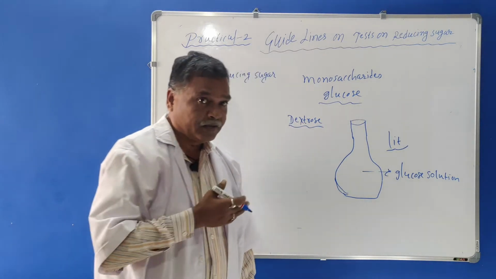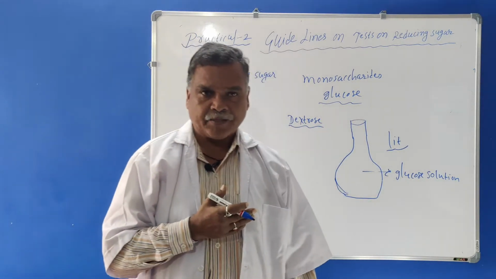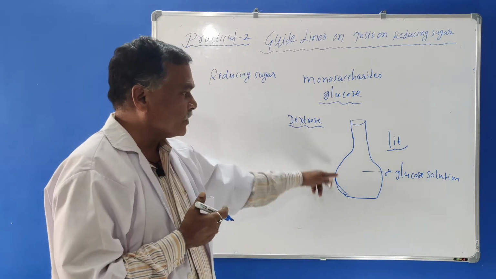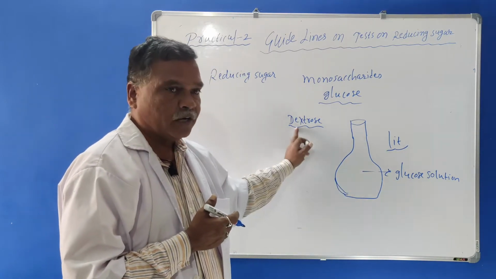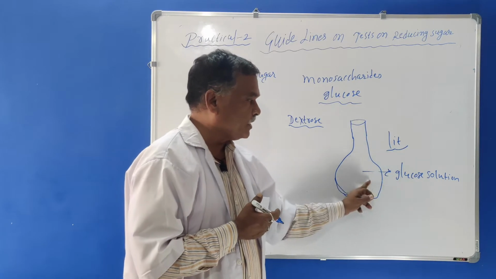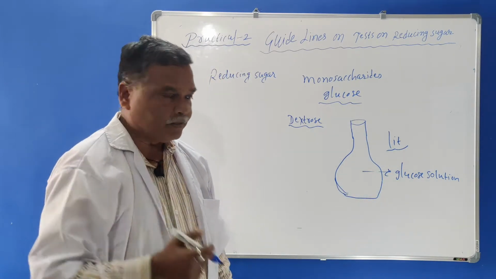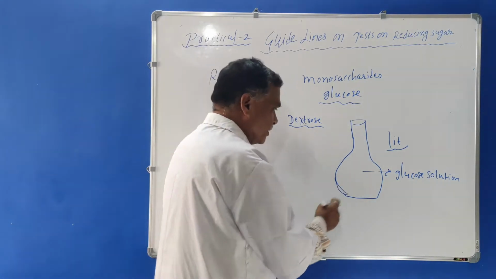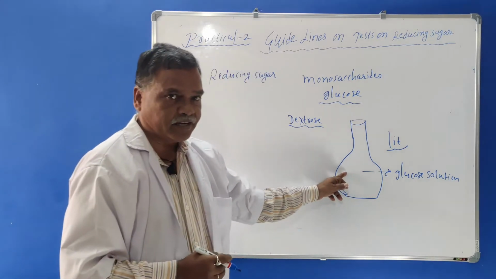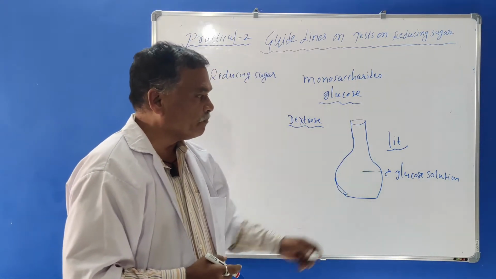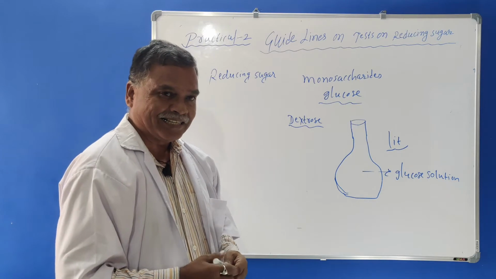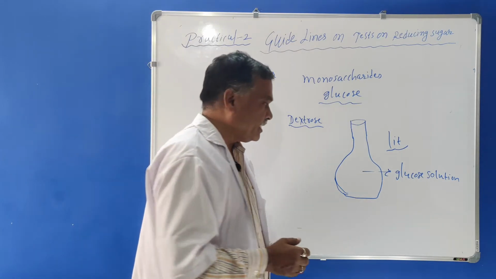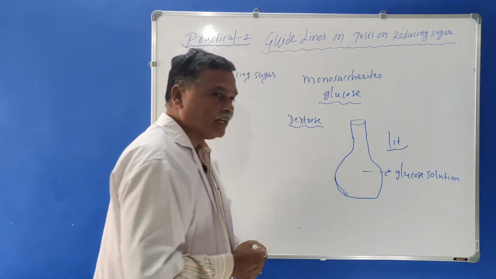It is available in most of the institutes' laboratories. So here the salt dextrose is used, and the glucose solution is prepared in a conical flask having the capacity of 1 liter. Now we'll see the test.